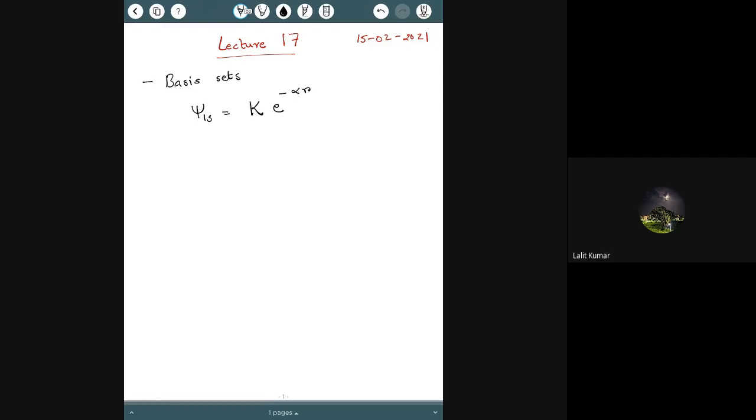So this is what the 1s function of the hydrogen atom looks like. This is the simplest function that we know, and this is the exact solution of the Schrodinger equation.